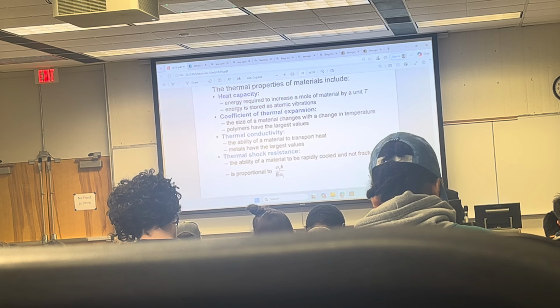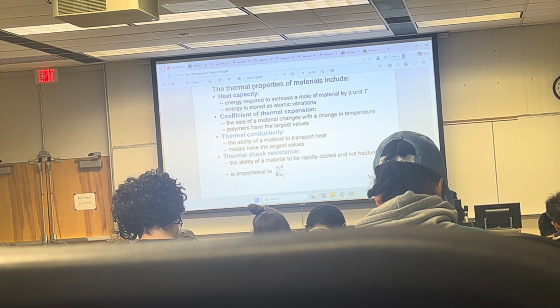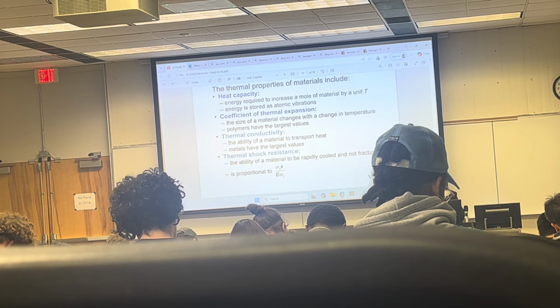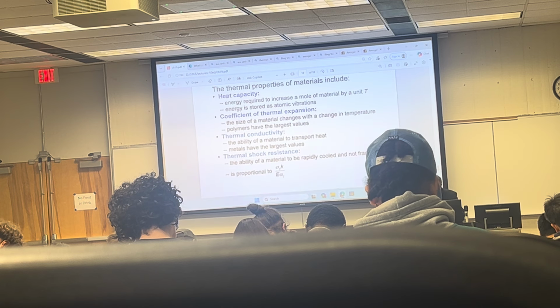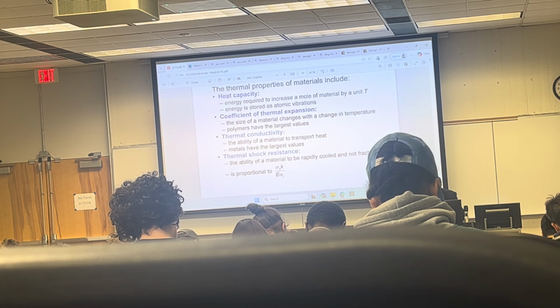Another problem from chapter 16 is dealing with aligned fiber reinforced composites, and you are given a tensile strength of that composite.